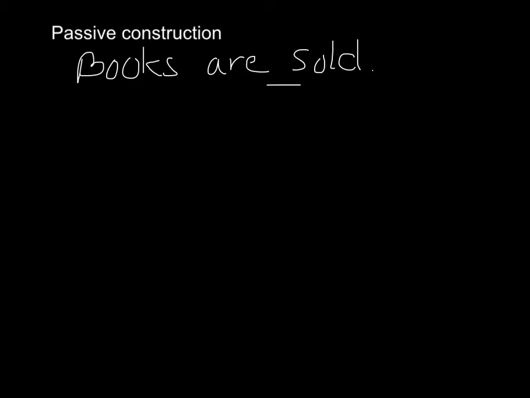The second way we're going to do it is if we want to avoid the subject by saying something, for example, like books are sold. So you notice there's nothing there that says who is selling the books, right? But the verb here is going to be vender.